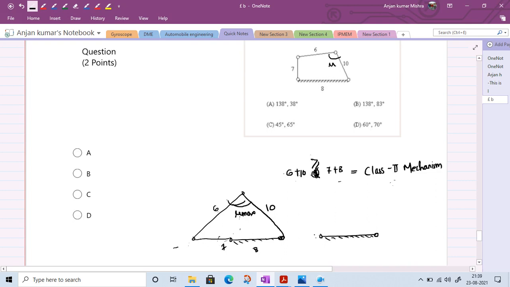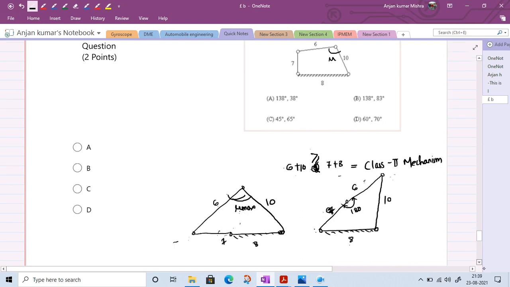As it is a double rocker mechanism, so we can find out our mu min like this. So this angle is 180 degree. This is the angle between crank and the connecting rod. So this is 6, this is 7, this is 6, this is 10 here, and this is 8 here.